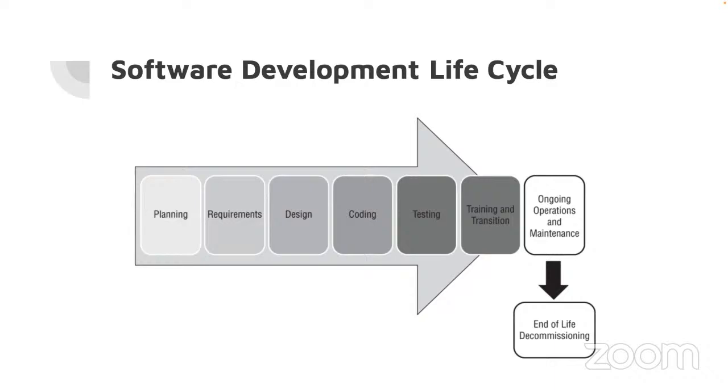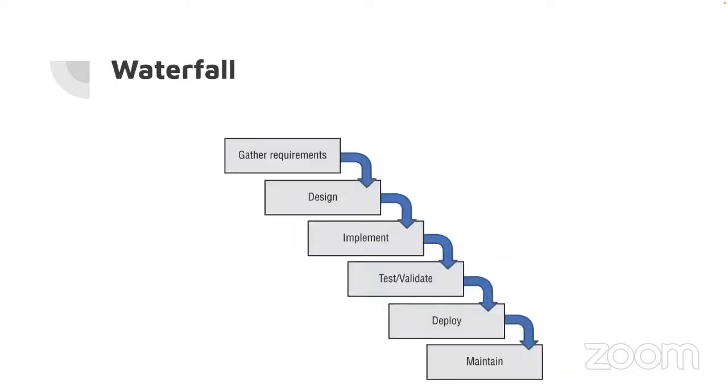The SDLC, just the process itself, does show up in Security Plus in the test. So does this guy, the Waterfall, a software development model that's not necessarily used as much. This is a sequential model where each phase is followed by the next.